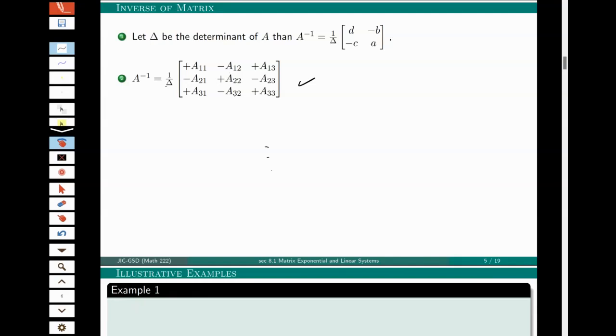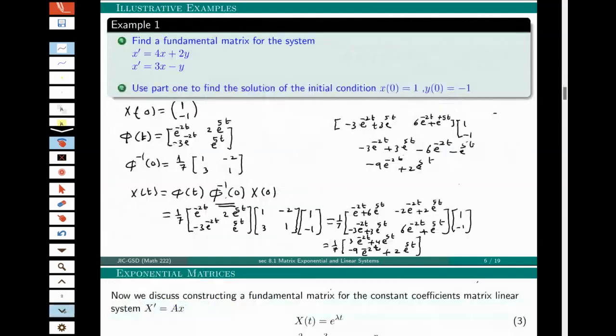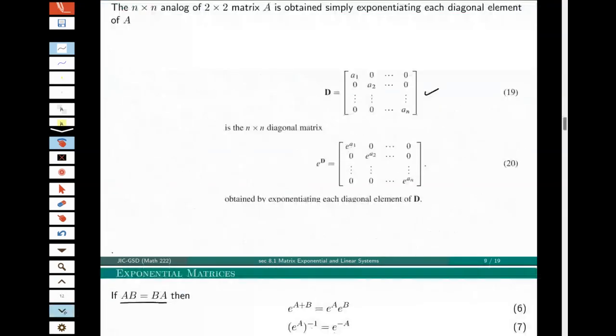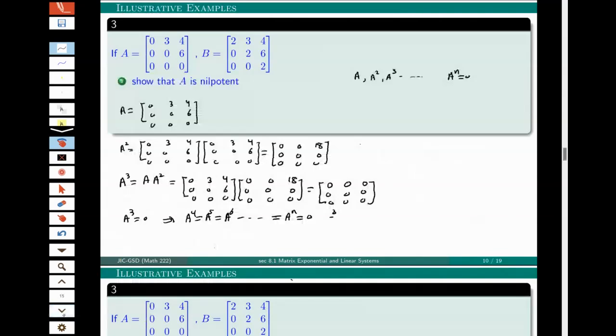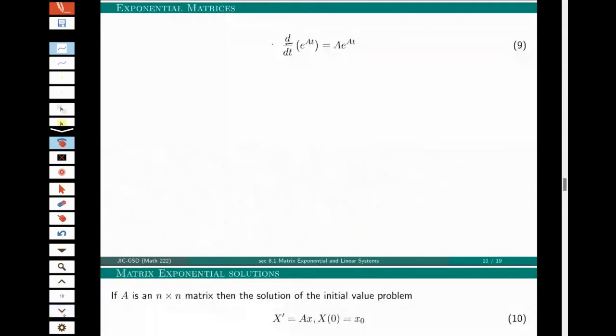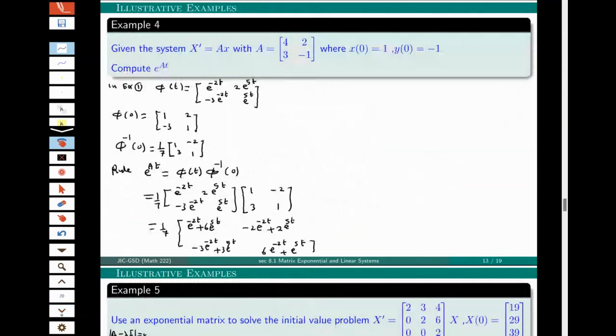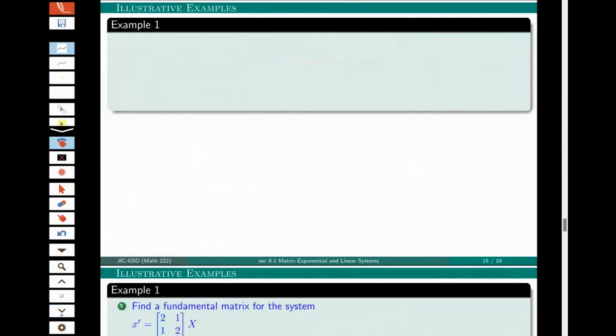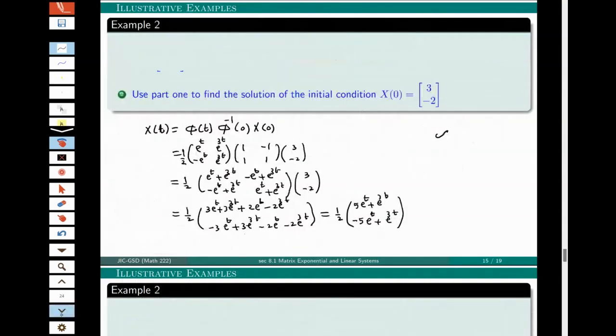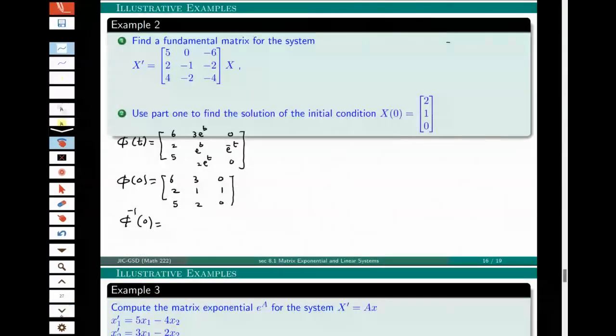Okay, these are the cofactors, I guess. Anyway, if you want to find it out, find it, but it is a long procedure. We are not recommending a long procedure for the final. This is just to show you how it looks like.